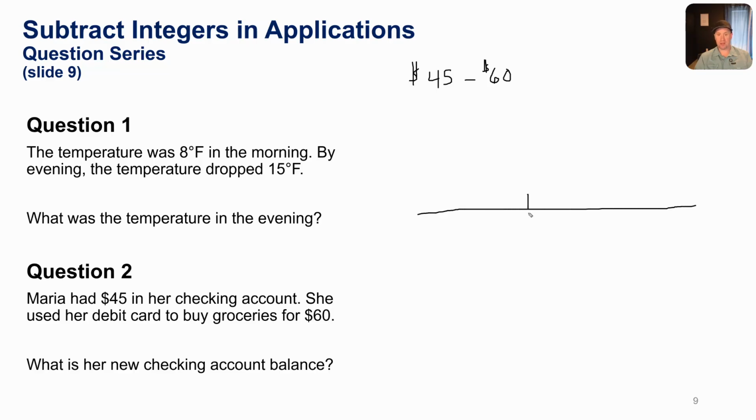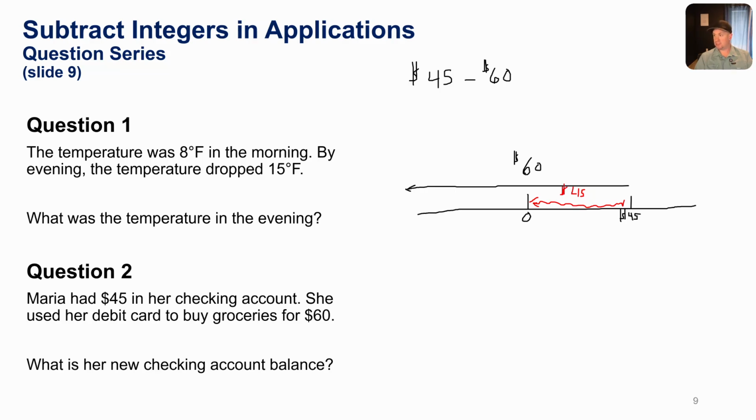Modeling this on the number line, I start at a positive $45, and then we're going back a total of $60. Well, to go from 45 to 0, this is $45 in total that she spent.